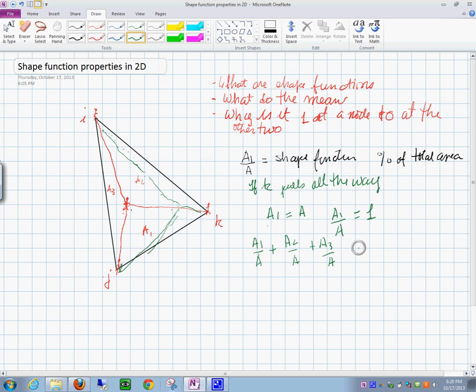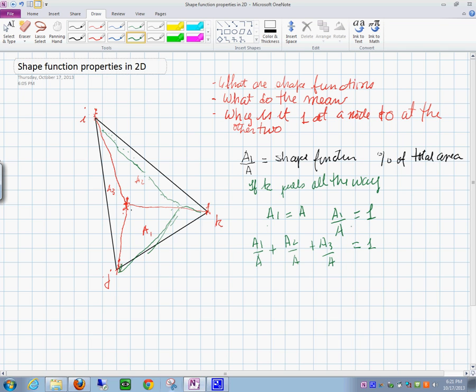So if this is true, these ratios have to add up to 1.